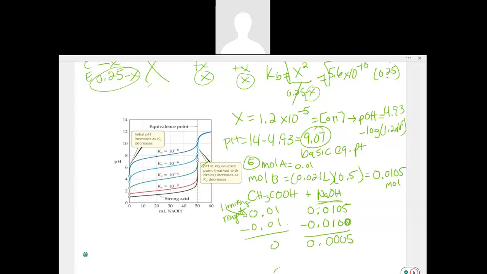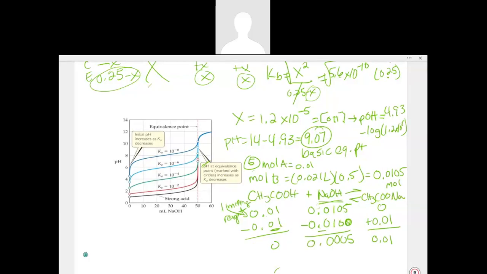Then we have to write our product side. We're going to have our sodium acetate over here. We start with nothing and add 0.01, just like we subtracted it from over here. In this case, we're concerned with just the excess base.